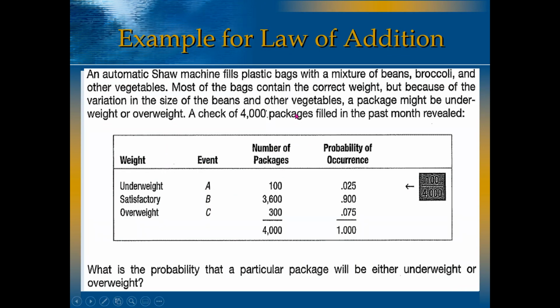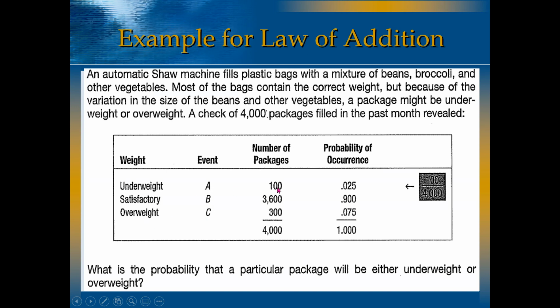Next we have another example. Suppose that an automatic machine fills plastic bags with a mixture of beans, broccoli and other vegetables. Most of the bags contain the correct weight, but because of the variation in the size of the beans and other vegetables, a package might be underweight or overweight or maybe satisfactory. So let's say we use 3 events: event A represents that the package is underweight, event B that the package is satisfactory, event C that the package is overweight.